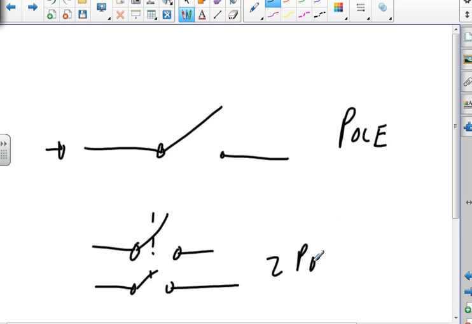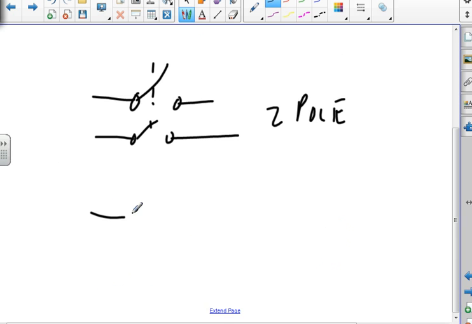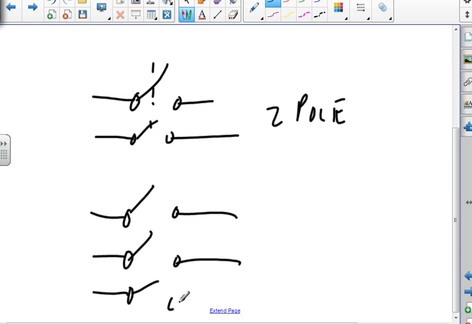If I have three poles, that means I have three ways. In general, the poles will be different phases, so I'd have A, B, C phase going through there if I had AC power going through the switch.